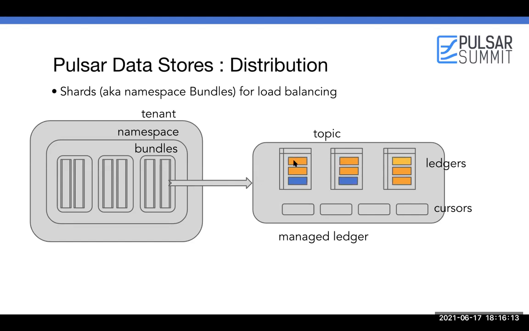You can see that this orange one is 2 different entries, and that is replicated onto different ledgers. The blue one is replicated twice. The replication factor was 2, and the yellow one is here, and maybe there's another ledger file on which this is replicated.